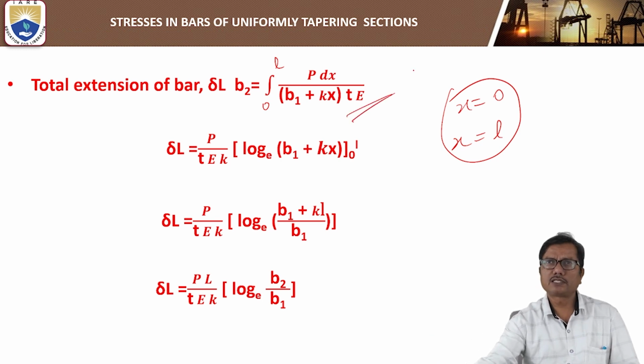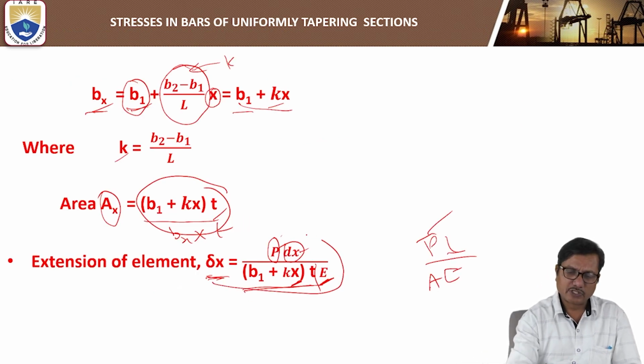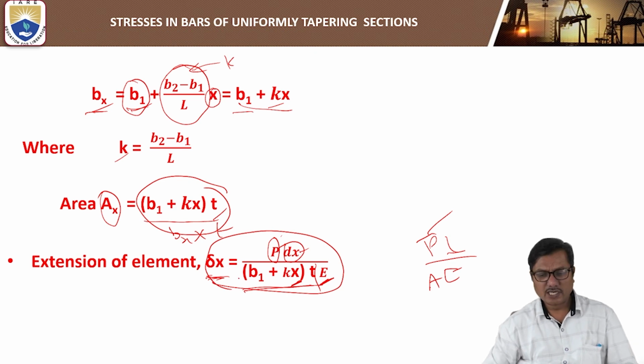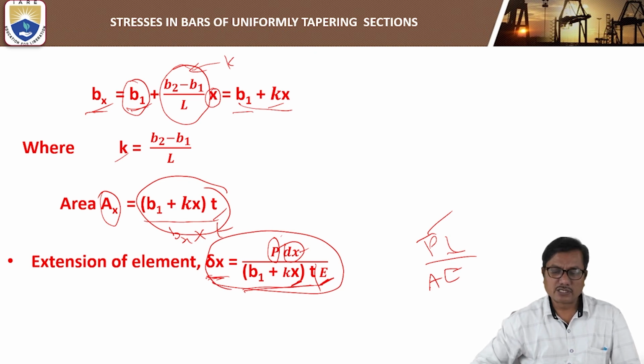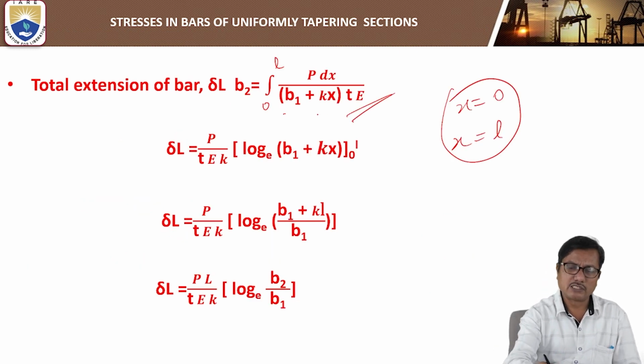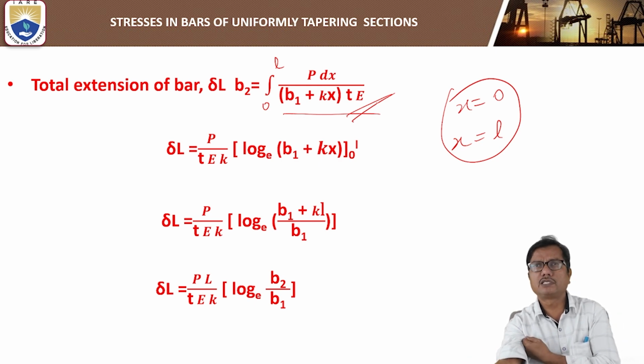This gives the meaning that the total elongation is equal to the summation of the extensions of a number of such elementary strips. We have seen the extension of one such element is this, so you will get the total elongation by summing this up, in other words, by integrating this.